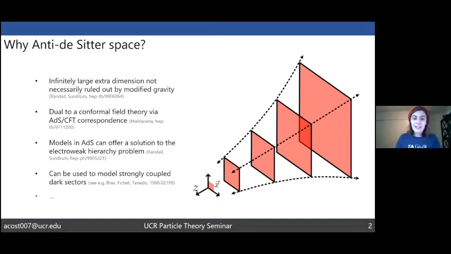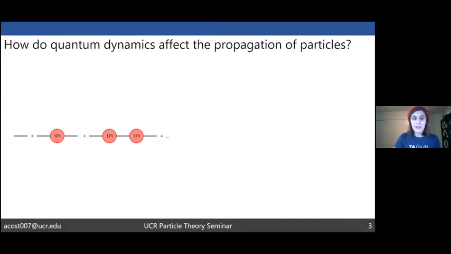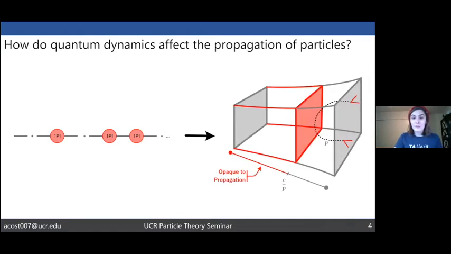So in this paper, Sylvain and I set out to address the question, how do quantum dynamics affect the propagation of fields in AdS? And so we had to include the quantum corrections to the two-point function that you usually do when you do resummation.